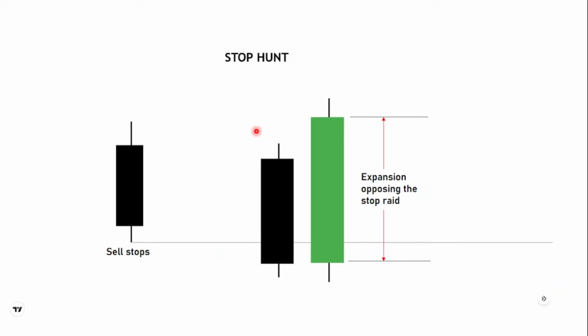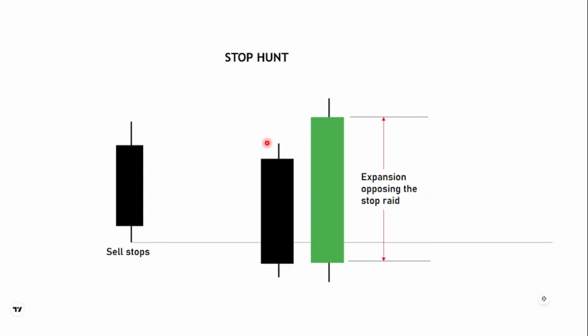So all it's going to do is take out the stops below that low by a few pips, because it's not just a level but an area where the stops could be resting below that low, and then it's going to expand in that direction, opposing that movement.